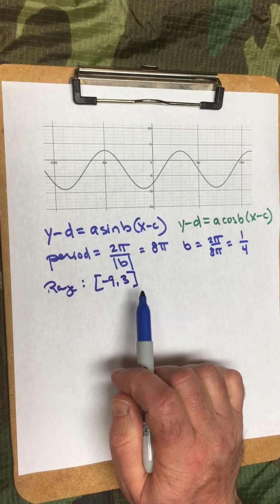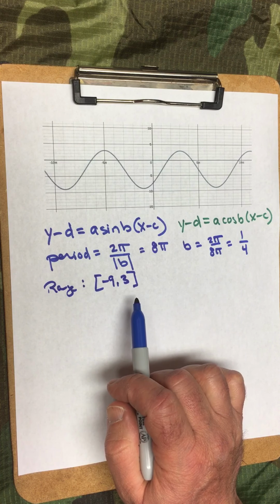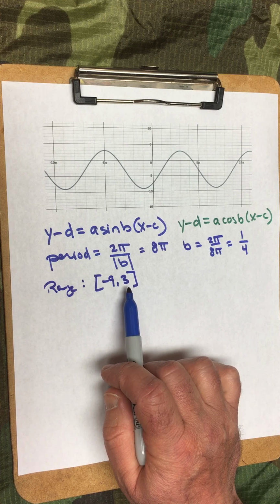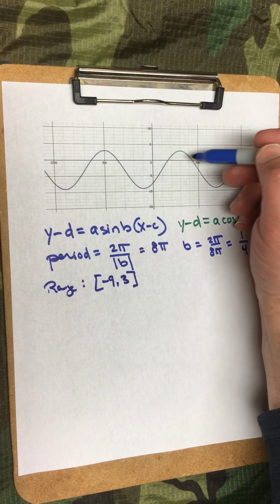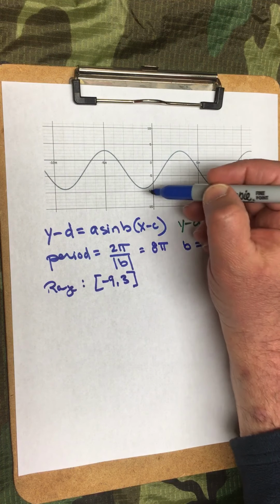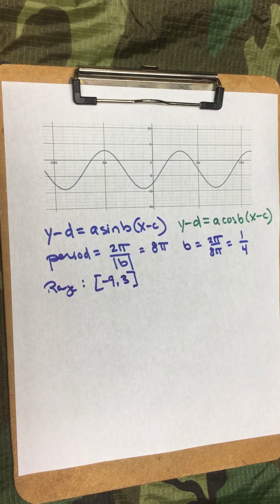So that should mean that if I cut that distance in half, meaning -9 to 3 is 12, 12 divided by 2 is 6. I should be able to drop down 6 from a hilltop, a max point, or come up 6 from a valley, a min value, and that should give me the line of oscillation.